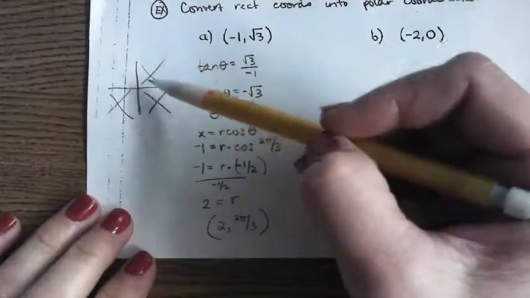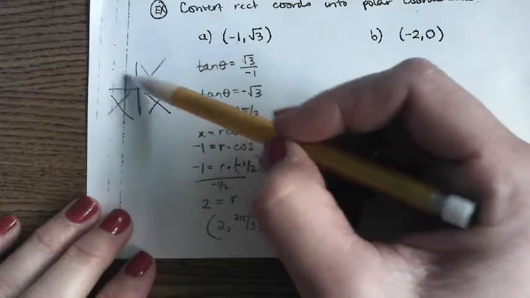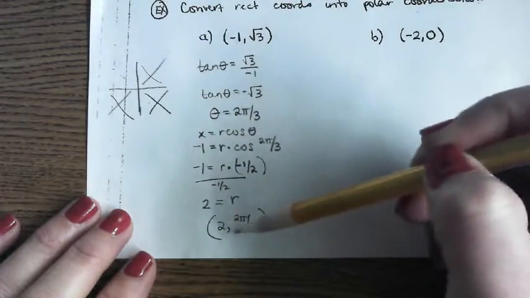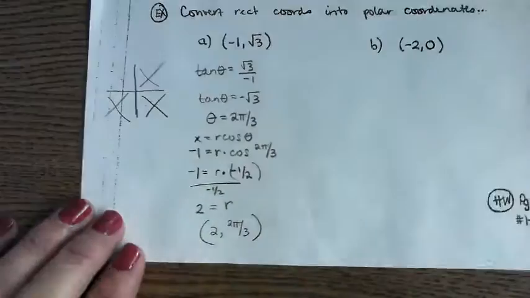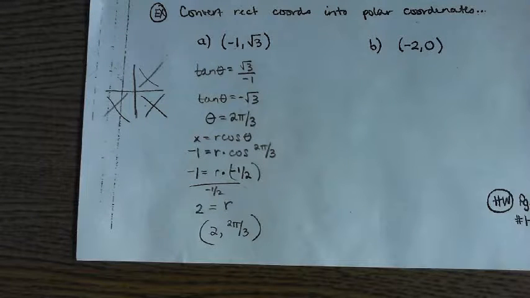Because 2 pi over 3 would open you up into the second quadrant, right? And the radius of 2 would bring you out to the 2. So here's something that we have to just all accept so that we're all on the same page.